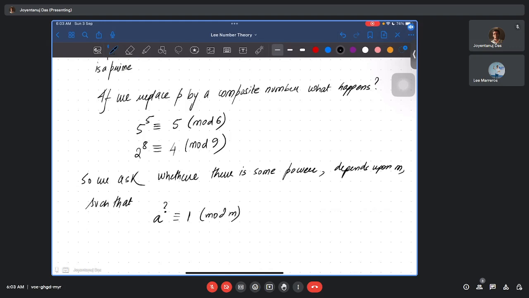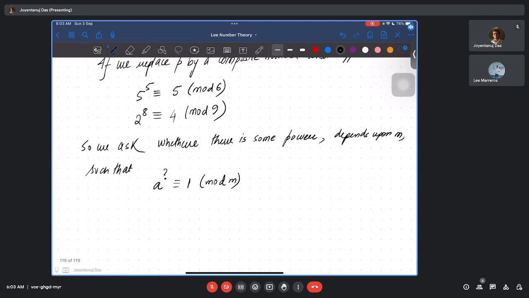Can we get something that only depends upon m such that when I raise a to that power, it becomes 1 mod m? Here for m we have no restriction. m can be prime, m can be composite, it can work for any m.